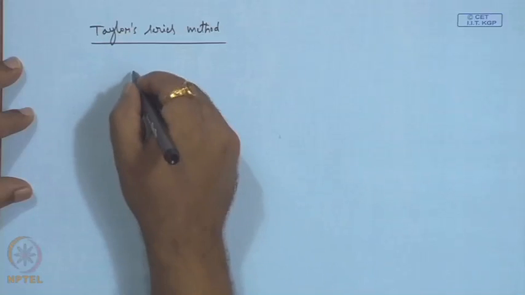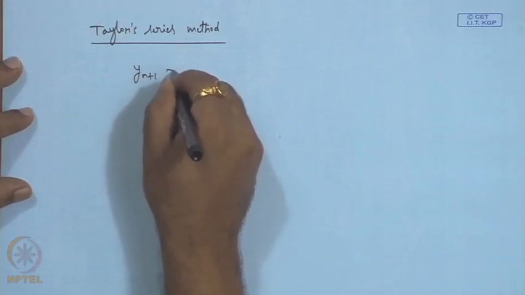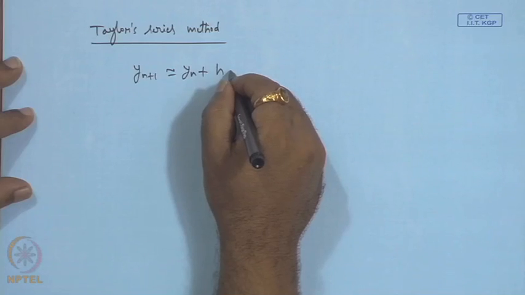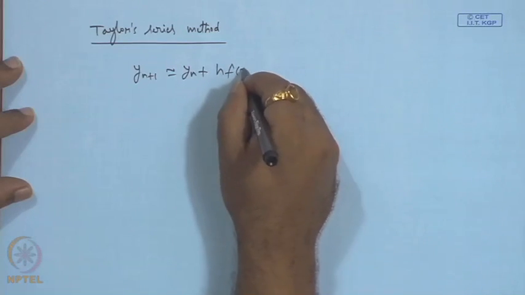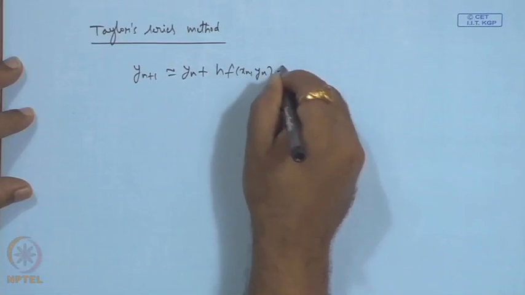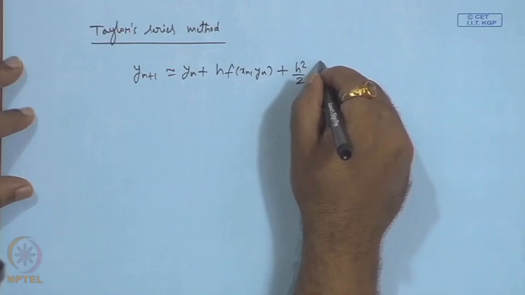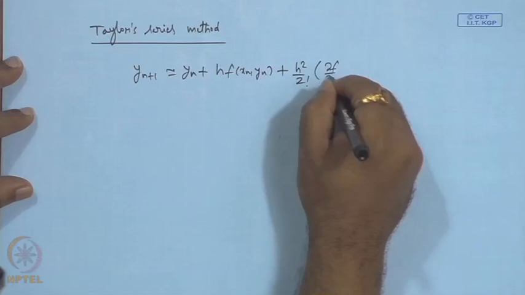Okay. So, take y n plus 1 is y n plus h f of x n, y n plus h square by 2 factorial y double dash, so that is dou f by dou x.